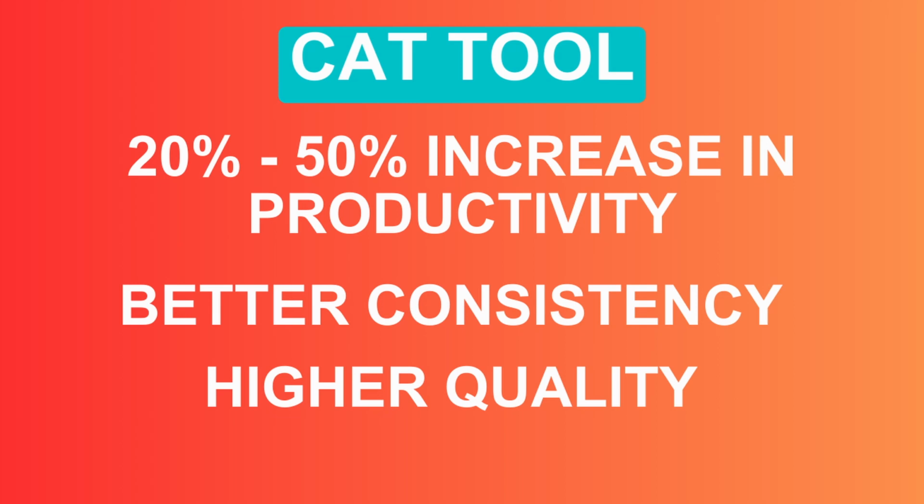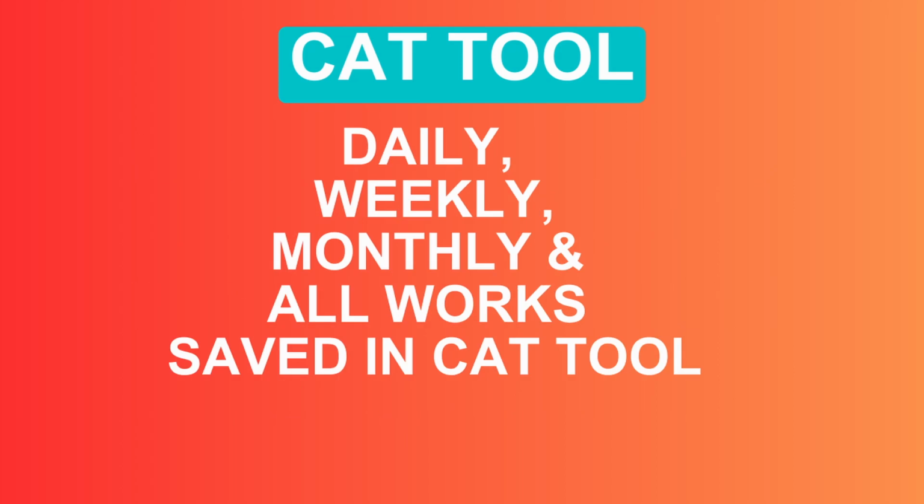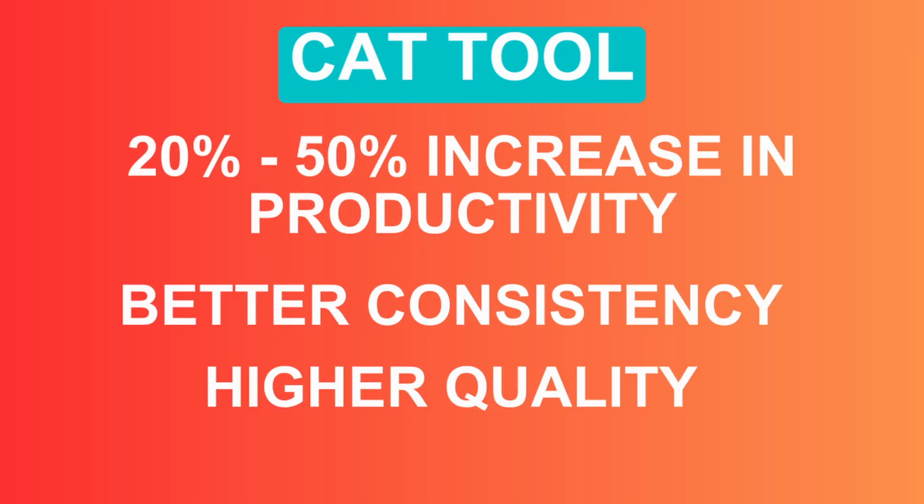For example, if I'm translating like 2000 words per day in a span of 8 hours, my productivity will increase by 20 to 50% depending on the level of utilization of any cat tool. And not only that, our consistency also gets improved when we are using a cat tool.